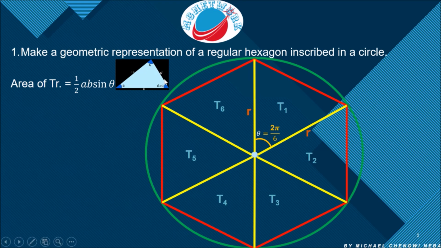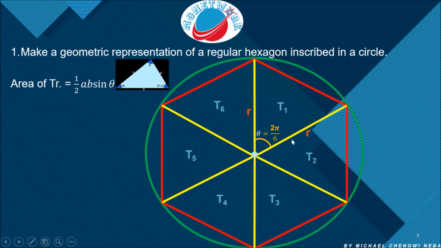So if you look here, the area is equal to half AB multiplied by sine theta, or AC multiplied by sine B. So that's exactly what it means. And in this case, we are going to use theta, so we have half AB sine theta.